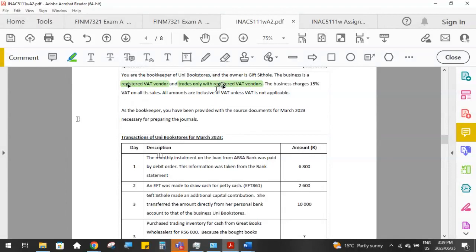And if it is a standard rated item, but it is a non-allowable item, then that just means they're not allowed to claim the VAT back when they record that item in their cash book payments or petty cash book. So 15% VAT, and all amounts are inclusive of VAT unless VAT is not applicable, and VAT would not be applicable in the case of an exempt or zero-rated transaction.